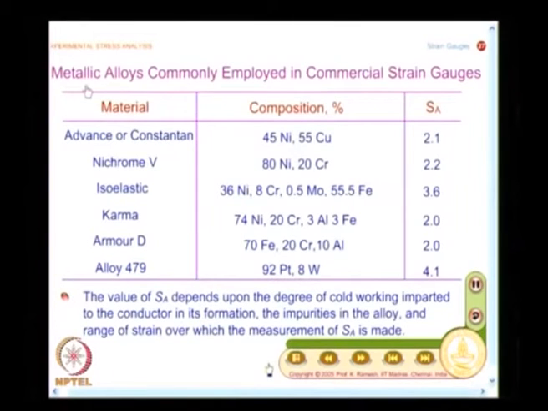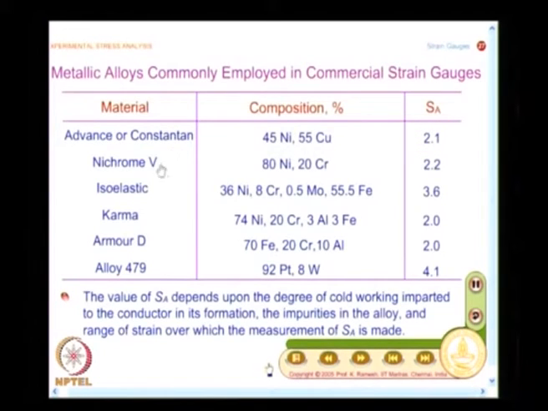We start with the metallic alloys, and we have already seen that advance or constantan was the most commonly used strain gauge alloy, and this is a composition of 45% nickel and 55% copper, and the strain sensitivity of the conductor is 2.1.